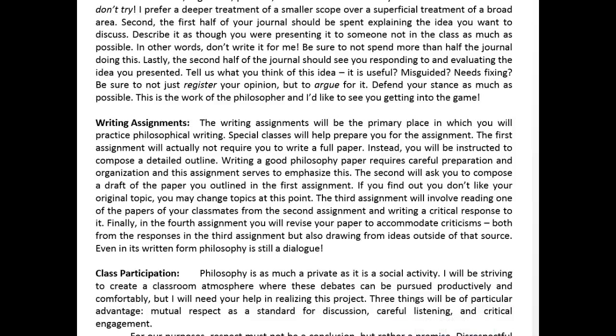A philosophy paper is at its core argumentative, and that's different from just sharing your opinion like I was talking about with the journals. It's getting into a debate and defending your position, and that requires a lot of work. It requires you to think about the structure of the paper differently than you might otherwise do.